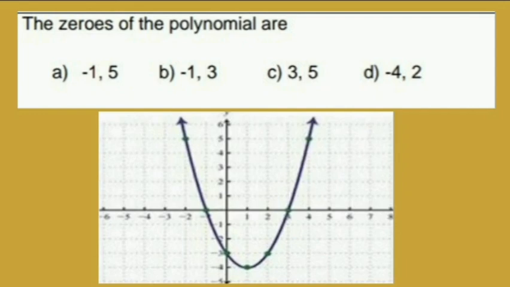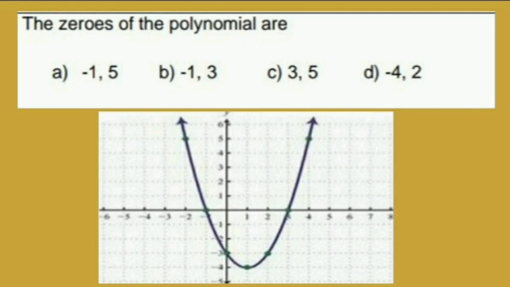Let's move on to the next question, which says the zeros of the polynomial are. Now we can identify it is a quadratic polynomial since we are getting a parabola. And the zeros of a quadratic polynomial ax square plus bx plus c, where a is not equal to 0, are precisely the x coordinates of the points where the parabola, which represents y equal to ax square plus bx plus c, intersects the x-axis.